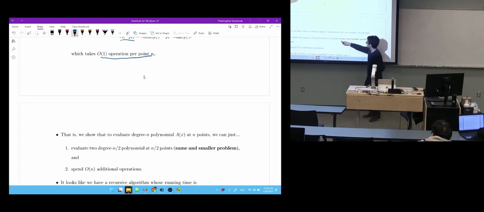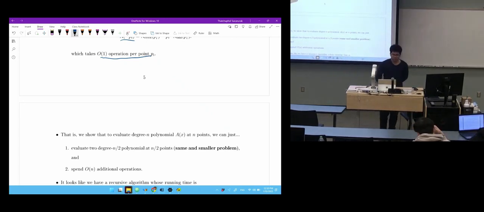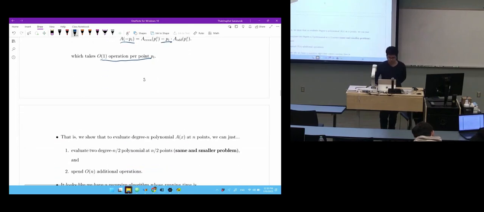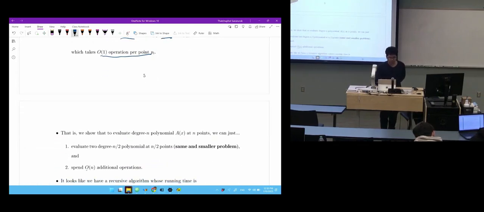So this is basically the same problem as before, but half the size. Okay. Once I have done this, you just need to spend n additional operations, just for each point I spend a constant many operations here, right? So there are n many points, so I just spend n additional operations.